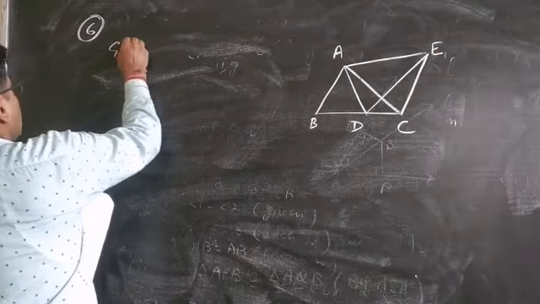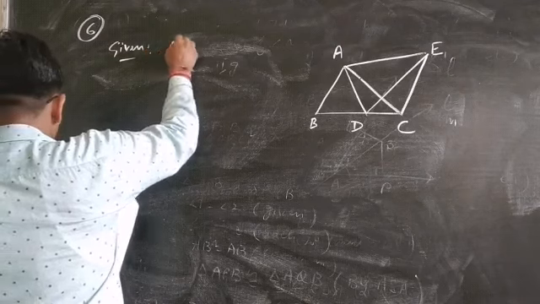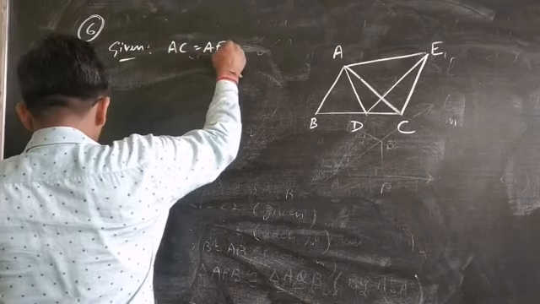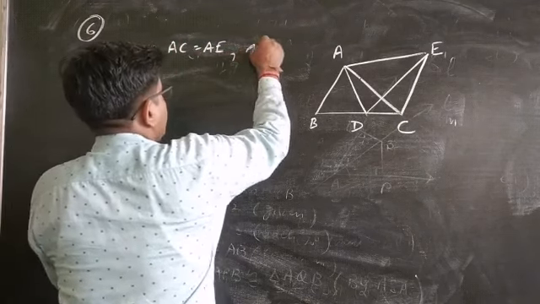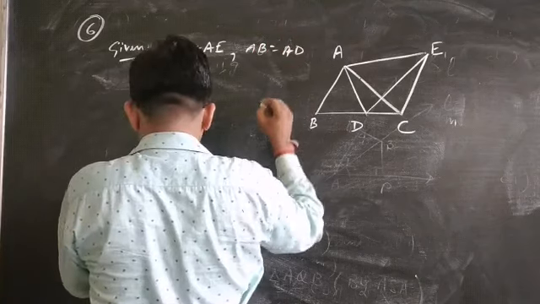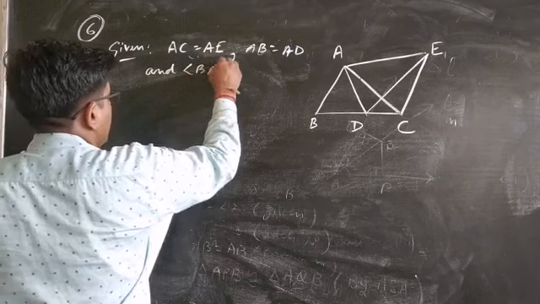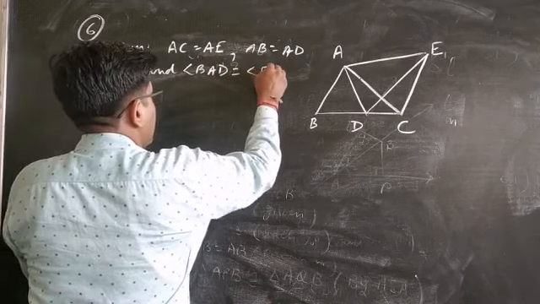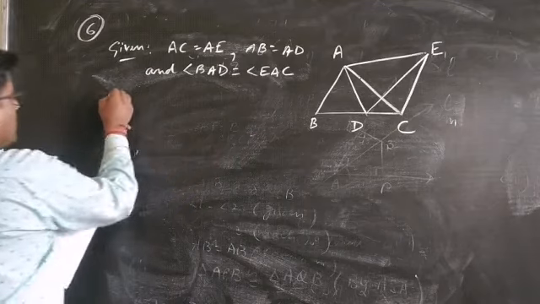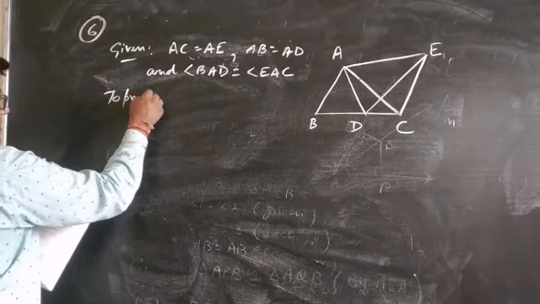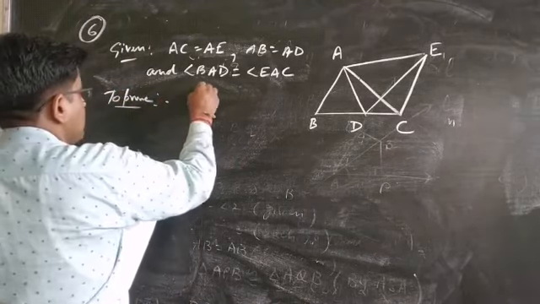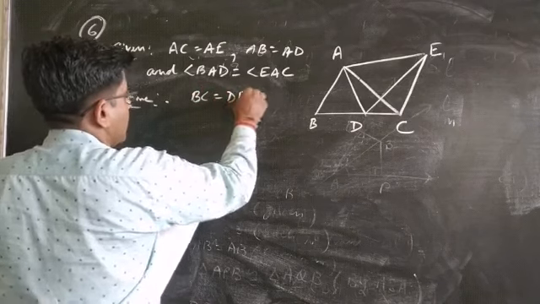So it is given to us that AC is equal to AE, AB is equal to AD, and angle BAD is equal to angle EAC. We have to prove in this question that BC is equal to DE.